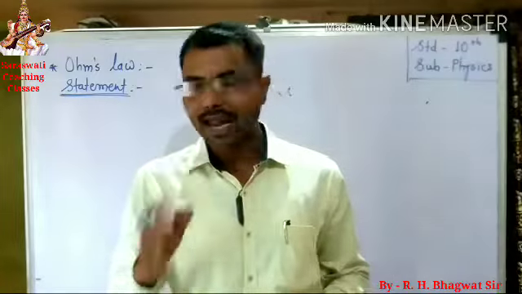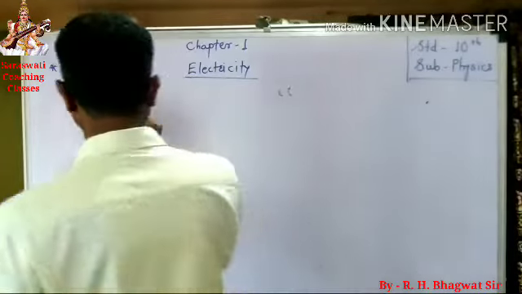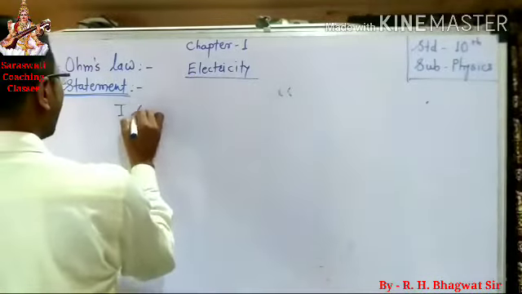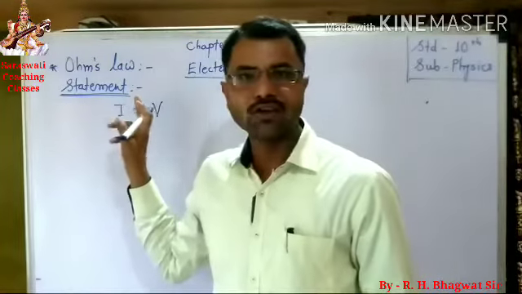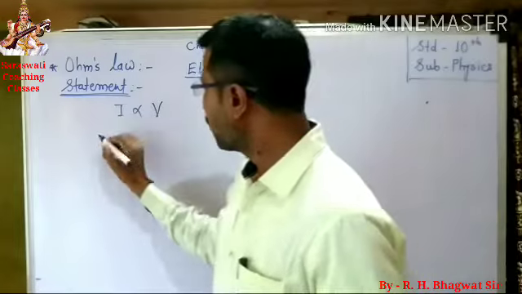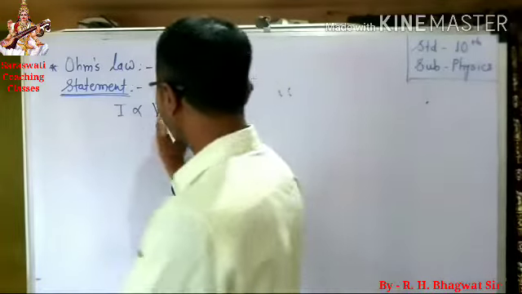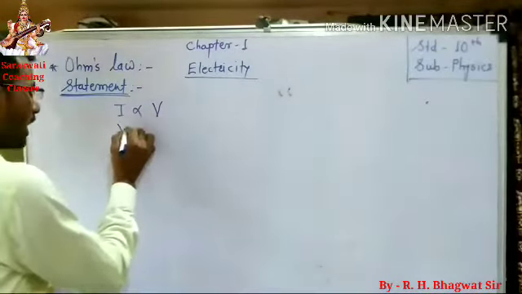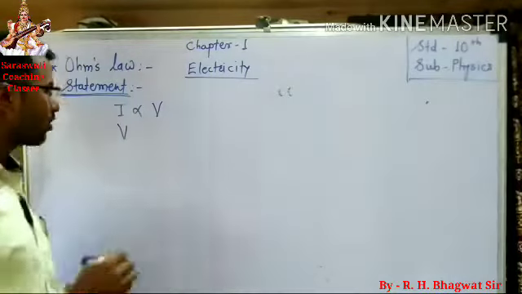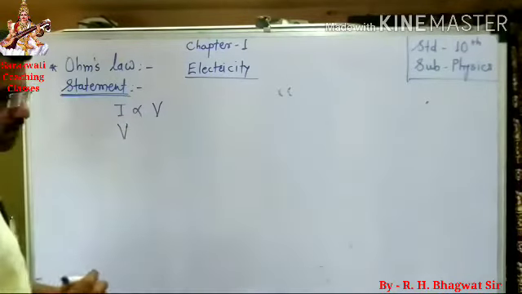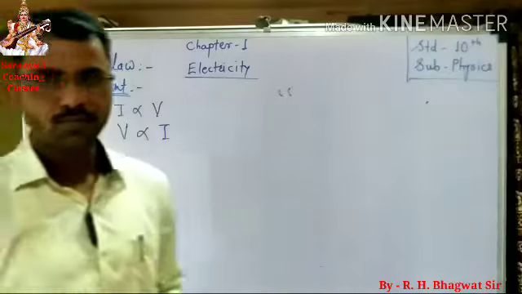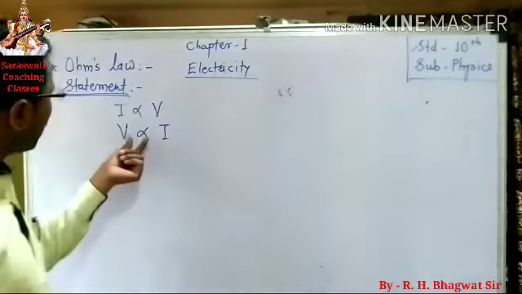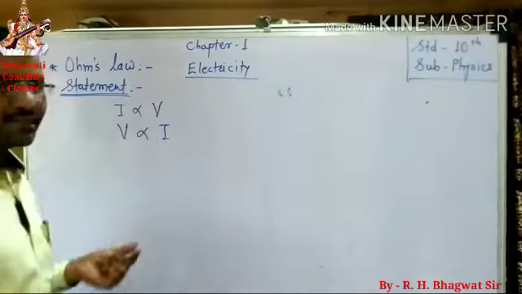Mathematically, we can write it as: the current I flowing through the conductor is directly proportional to the potential difference applied across it. Therefore, the voltage or potential difference applied across the conductor is directly proportional to the current flowing through the conductor. Now we have to remove this proportionality sign.